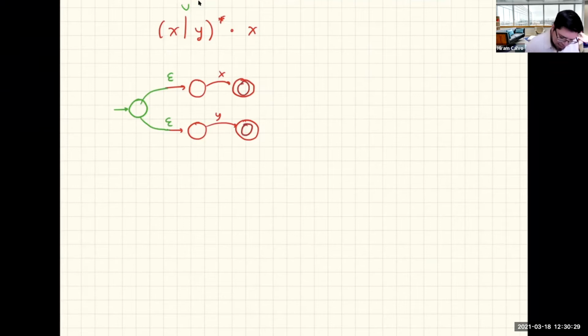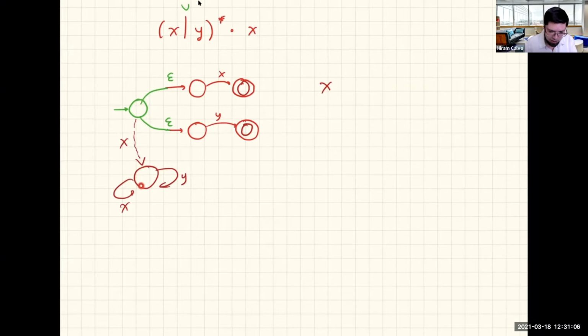This means that if I'm on this state, I can choose arbitrarily to change from here to here without having to read anything from the input string. Let's suppose that my input string says X. Suppose I start here and then I read the X. Maybe I go into the pit, and then I can say, oh my God, I read an X and I was not able to accept this string.